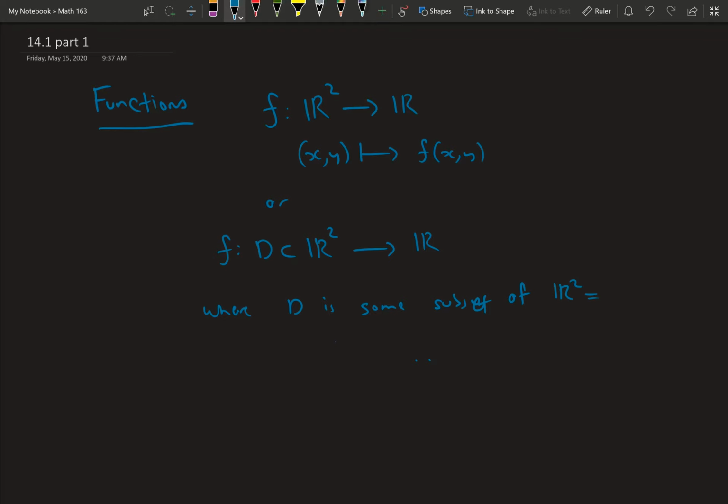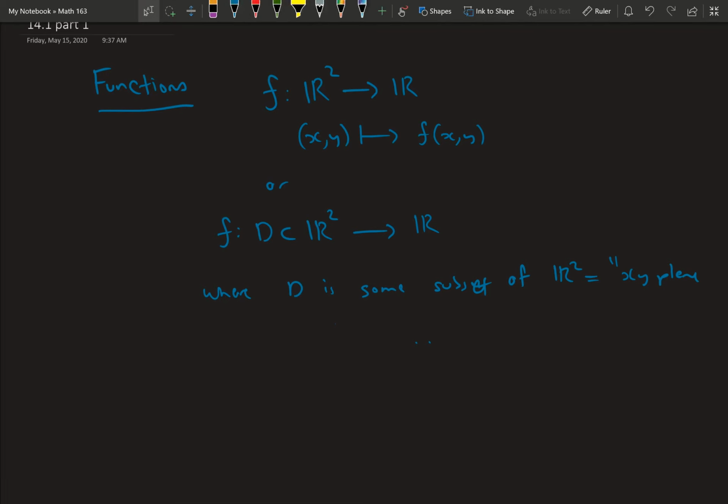Where this R2 you can think of essentially as the xy plane. Okay, so here D essentially is the domain of your function f.